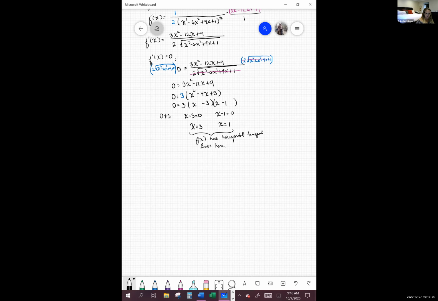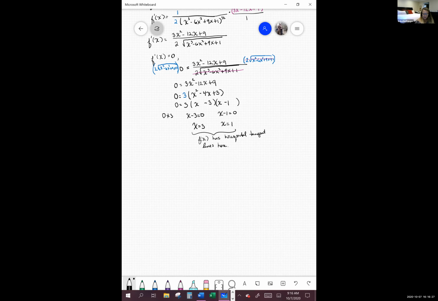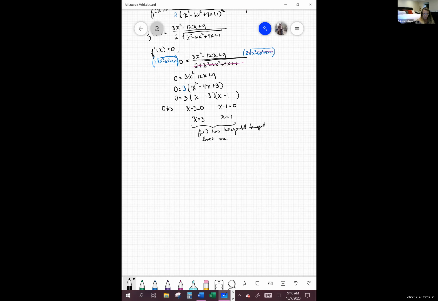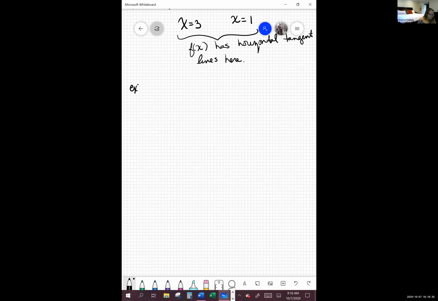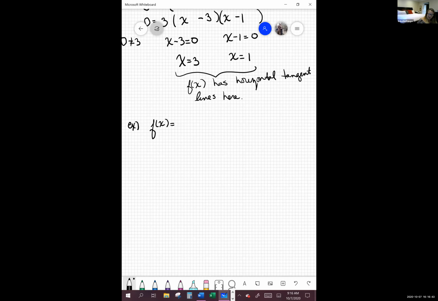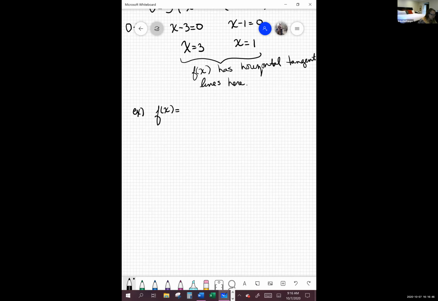So maybe one more like that. Same principle, we're trying to find out when our function has a horizontal tangent line, but this time f of x is a rational function.